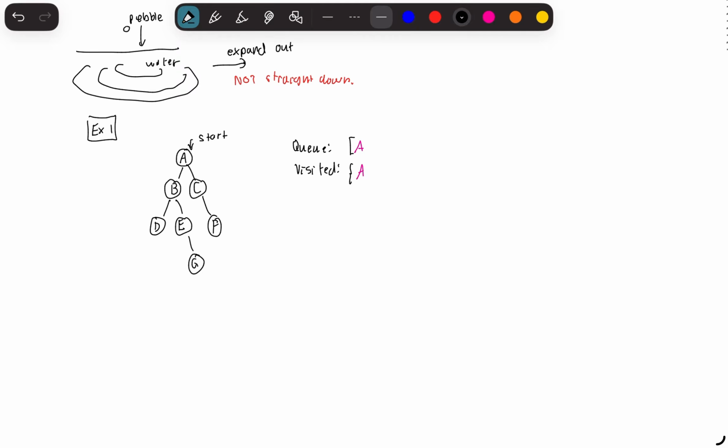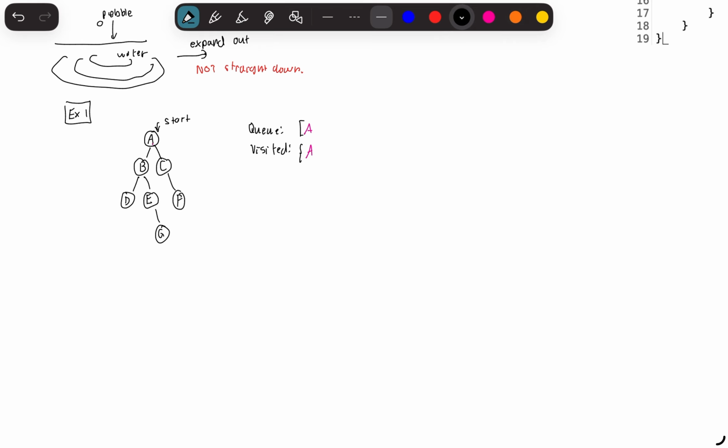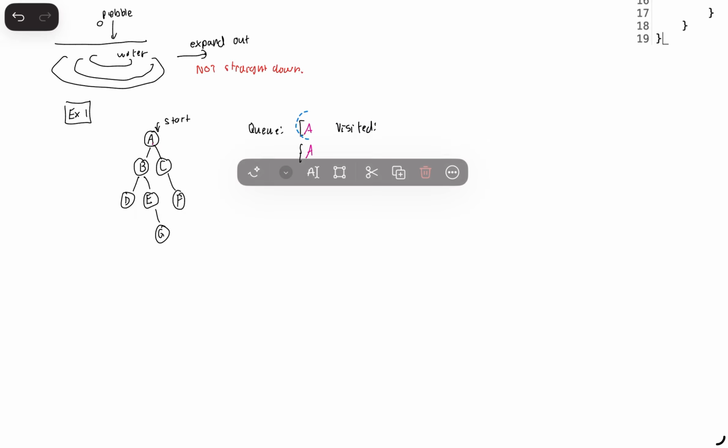Now after this, we have to visit the neighbors. So we have B and C. So we're going to visit them in our queue and our visited.